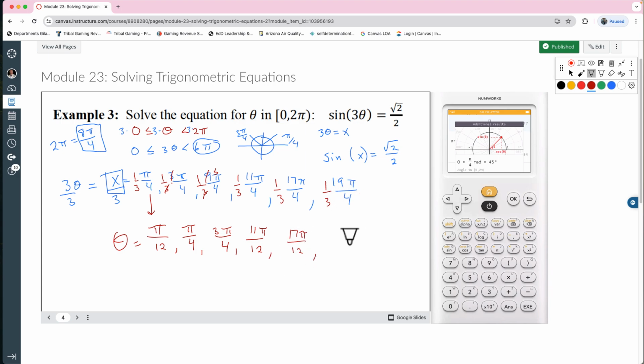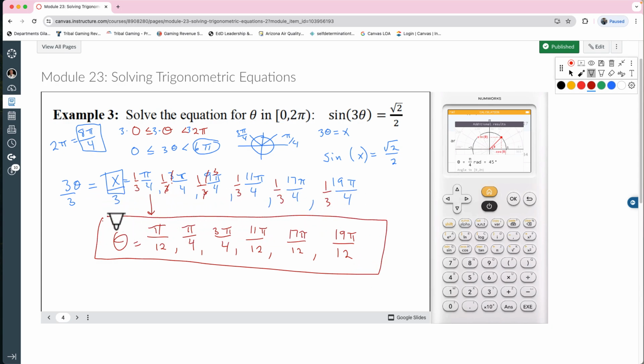And 3 does not go into 19, so we get 19 pi over 12. And those are all the answers we have. And if you take these and multiply by 3, you'll see that it will work for all of these, right? And this is with theta staying between 0 and 2 pi.